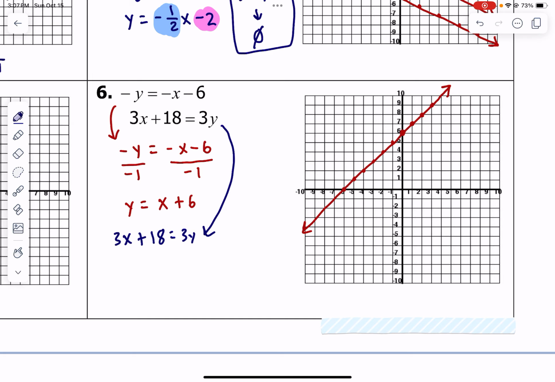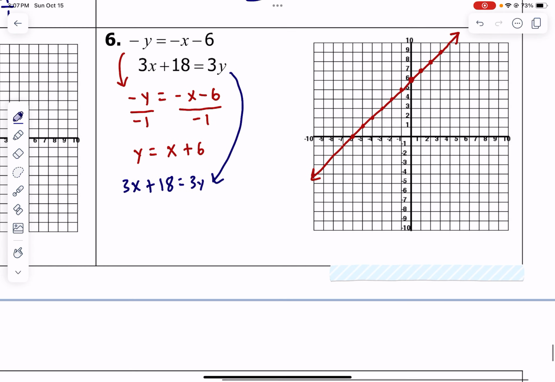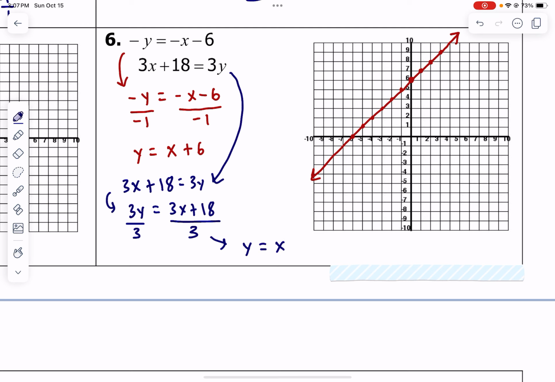Once again, this is just reorienting. You're not really changing anything. So you can say that 3y equals 3x plus 18, and then now we have y on the left-hand side. We divide by 3, so you get that y equals x plus 6.